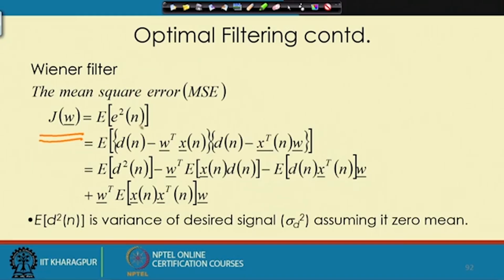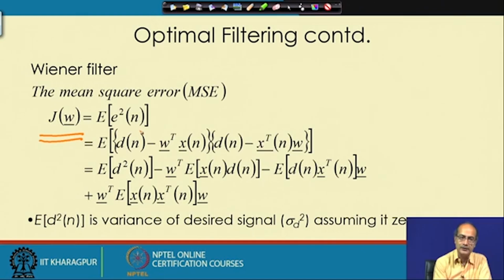So, we are just trying to have a balancing act between these two, and for that we have taken the expected value of the squared error. Why have we taken that? Here we have taken e square n because we are dealing with a real signal.